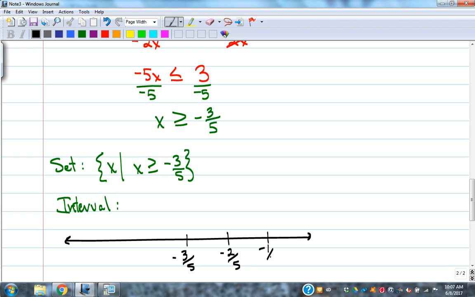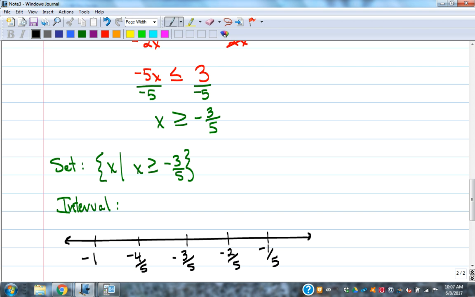Very good. That's right. I'm going to have the bracket, but is it going to come first or last? You tell me. Think about the inequality symbol. It's x is greater than negative 3/5.